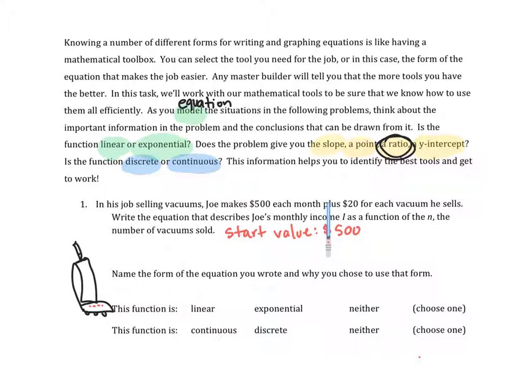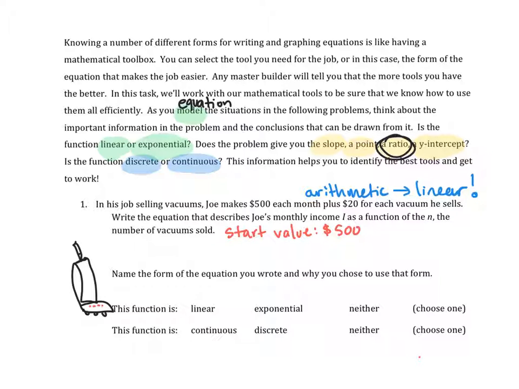And then what's this $20 business, plus $20 for each vacuum he sells? This word right here, plus, that's a big deal. What is that telling me? I'm adding $20. So what kind of sequence is this going to be, do you think? If you said arithmetic, you are correct. What kind of pattern is that? Is that linear or exponential? If you said linear, you are correct.